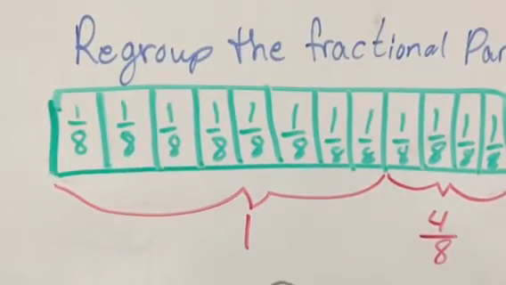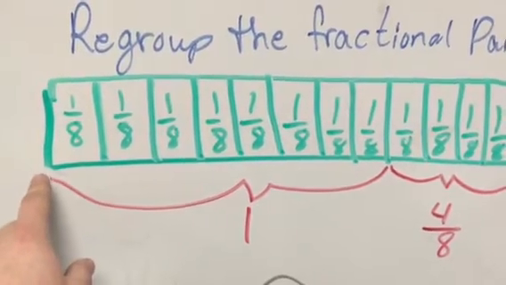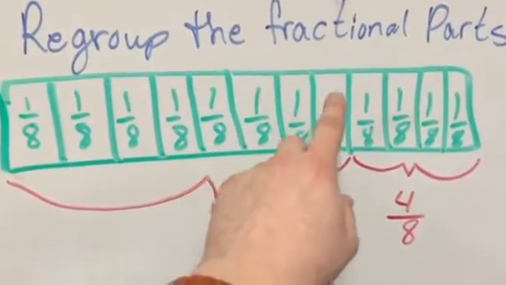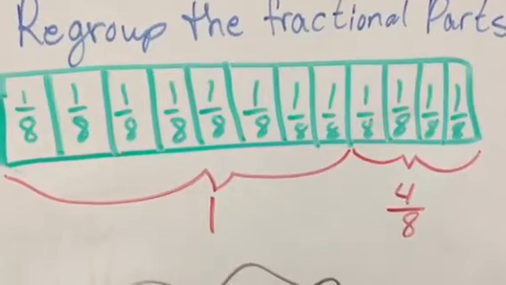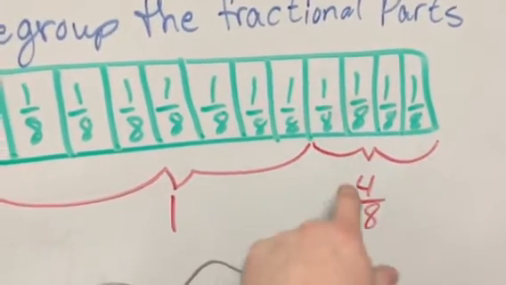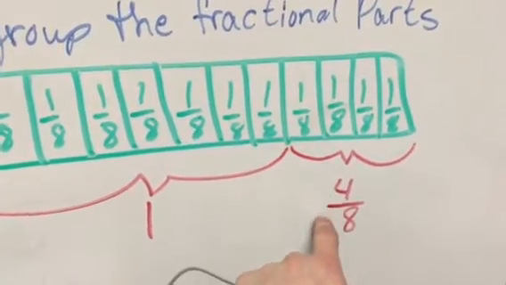Then when we look at them, we can see that we know 8/8 equals 1. So we count out 1, 2, 3, 4, 5, 6, 7, 8, and we label that as 1. And then we count the remaining parts. 1, 2, 3, 4. So what's left over would be 4/8. And we all know we need to simplify that and get 1/2.